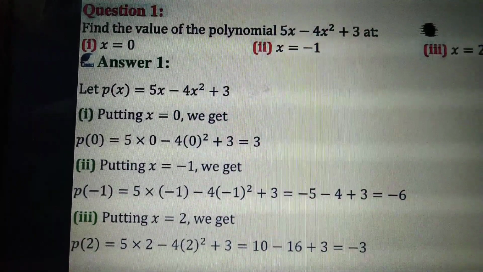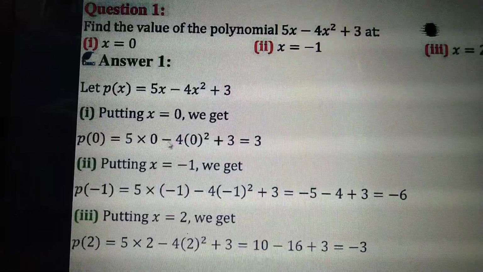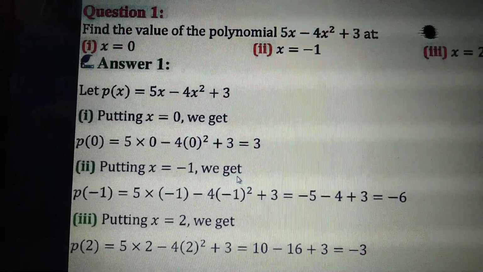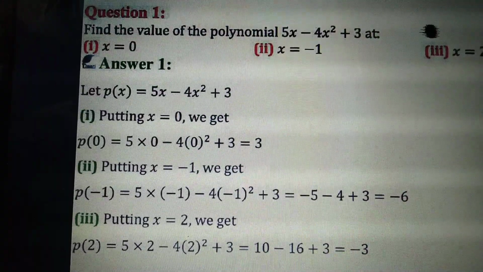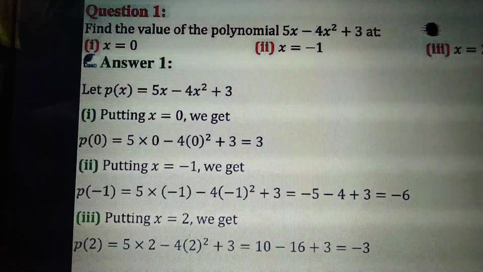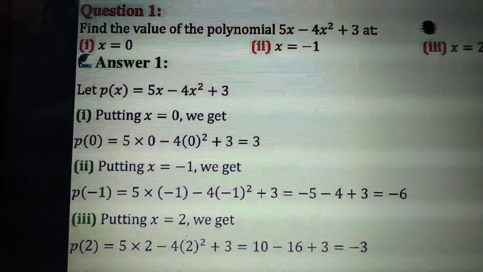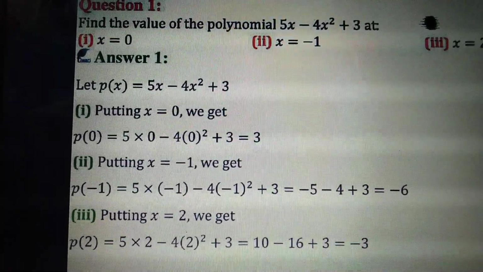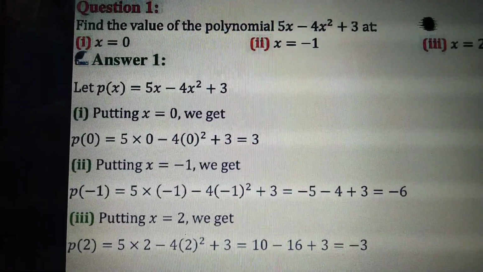Next, x equal to minus 1. Putting x equal to minus 1, we get p of minus 1 is equal to 5 into minus 1 minus 4 into minus 1 squared plus 3. 5 into minus 1 is minus 5.